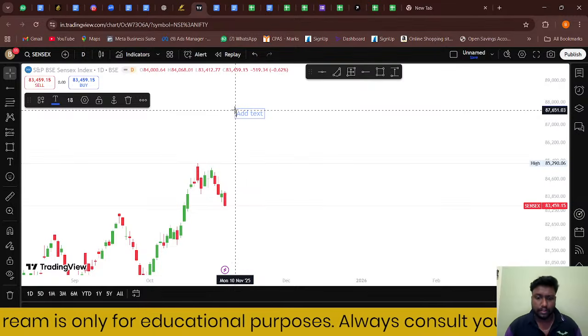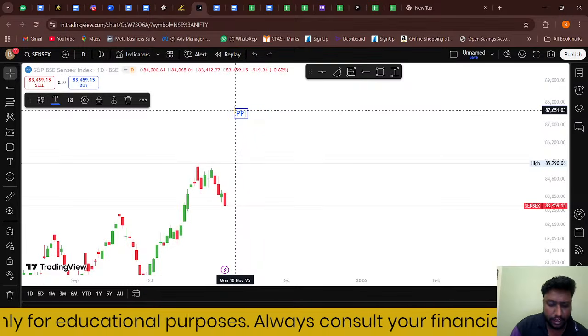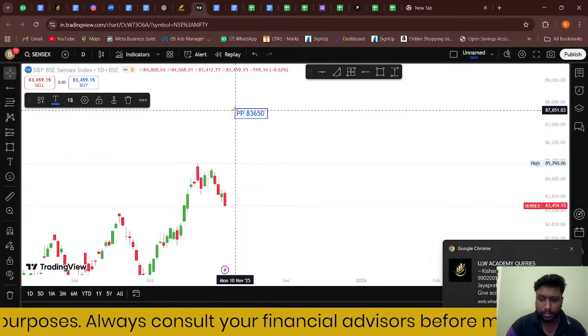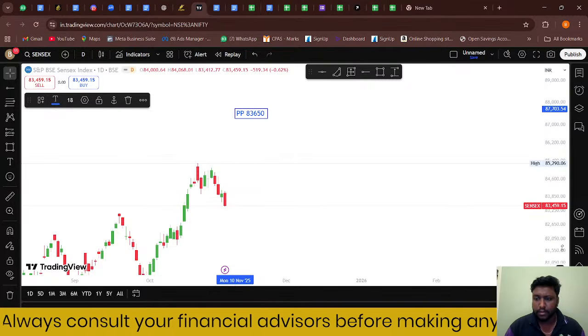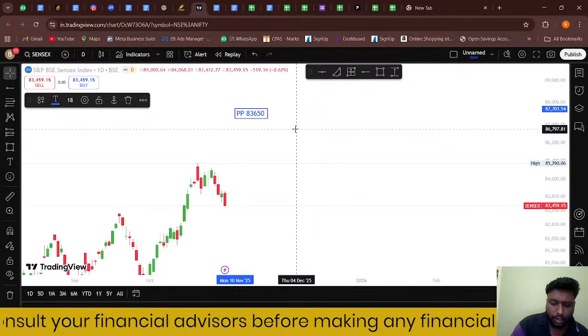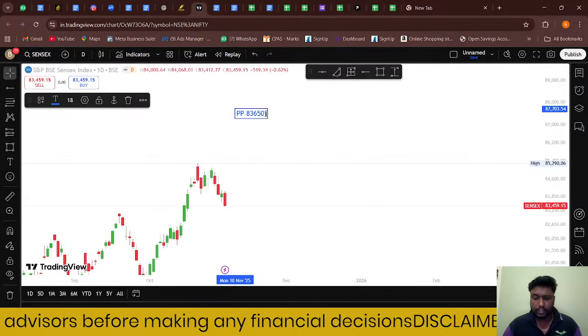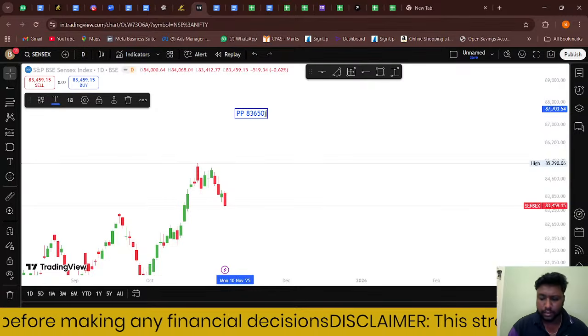With respect to Sensex, our pivot point is at 83,650. So let's consider 83,650 as our pivot line. With respect to that, we will plot the support and resistance.